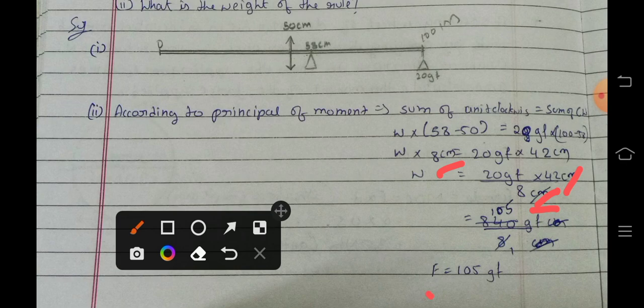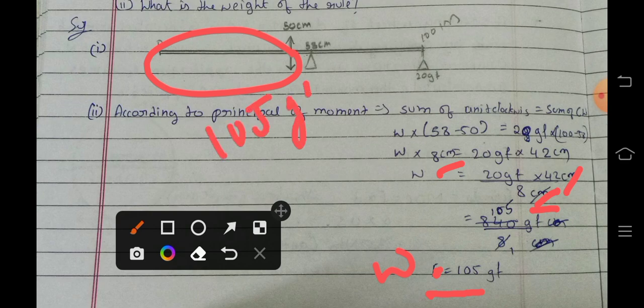So your force, it's not a force actually, it's a weight. So the weight is 105 gf. It means the weight on this side is 105 gravitational force, and only then this ruler is balancing. I think it's clear to you all.